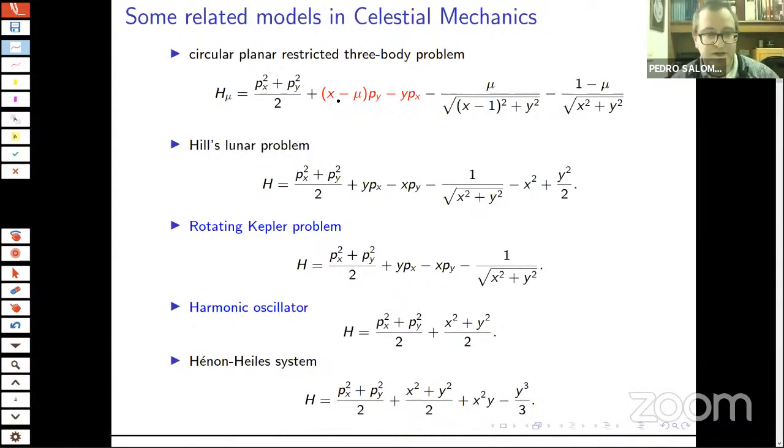For instance, I put here these two in blue, the rotating Kepler problem and the harmonic oscillator, in this list of five other problems. In the rotating Kepler problem, we still see the kinetic part. We see that it also has this term here, which is due to a rotating system, and the potential is very simple.